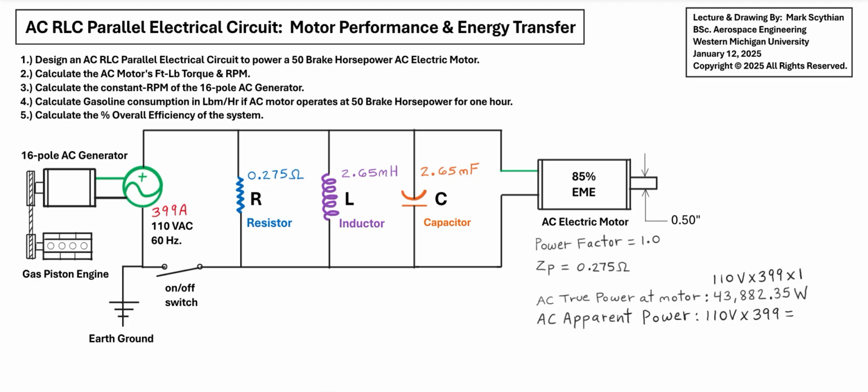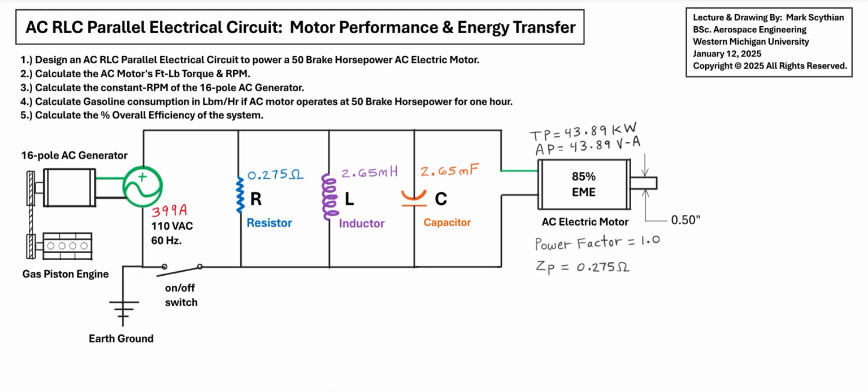In this case, since the power factor is also 1 across the resonant circuit, we have an equal component value of true power and apparent power, except the units for true power are always in watts, and the apparent power is in volt amps: 43,890 volt amps, rounded from precision to accuracy. So our AC true power is 43.89 kilowatts, and our apparent power, 43.89 kilovolt amps.